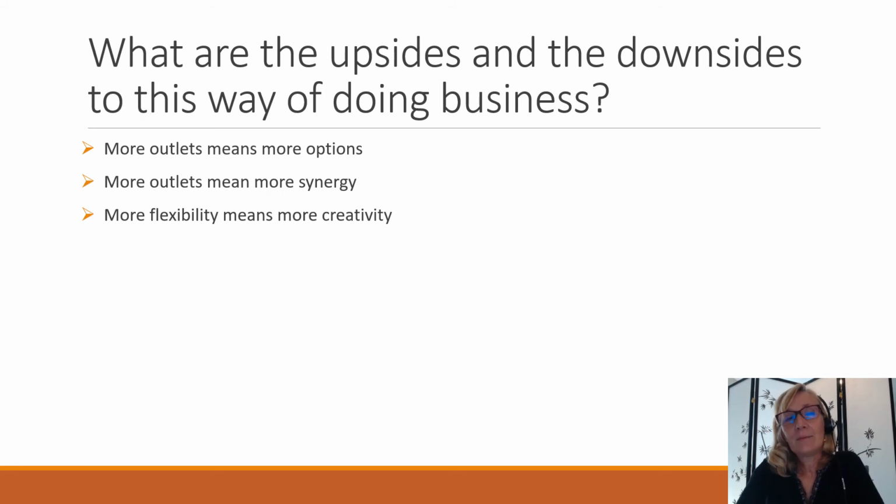More outlets can mean more synergy for these companies. So if you own a movie production company and you also own that website that produces reviews of movies, you won't necessarily affect those reviews, but you will at least have people talking about your movie.